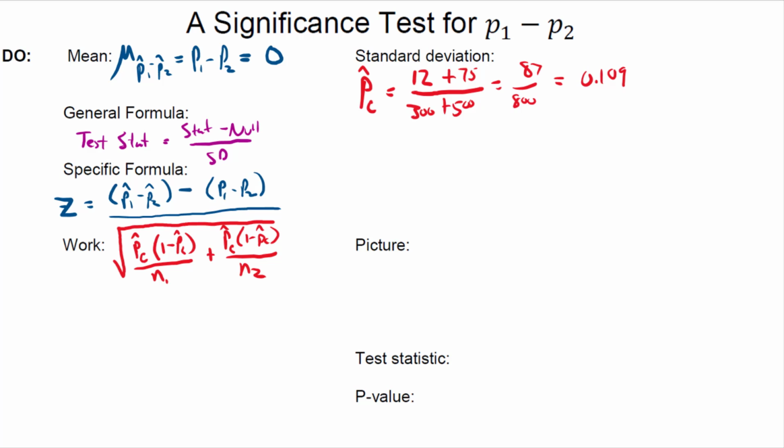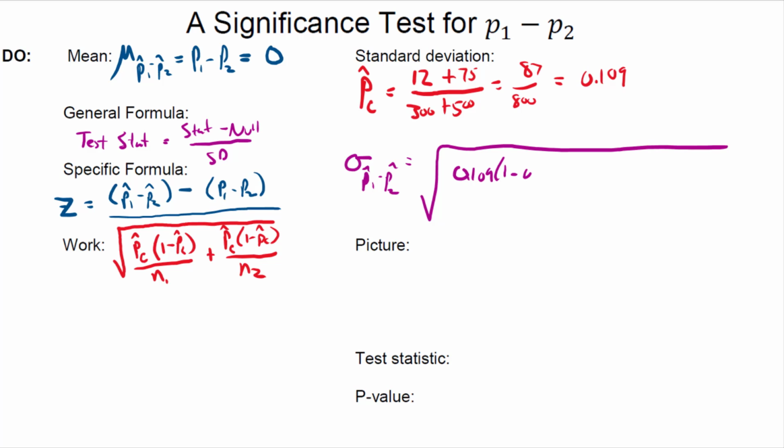The standard deviation for this p hat 1 minus p hat 2 is going to be the square root of 0.109 times 1 minus 0.109 all over our sample size of 300, plus the same thing: 0.109 times 1 minus 0.109 all over our second sample size of the non-STEM, which was 500.